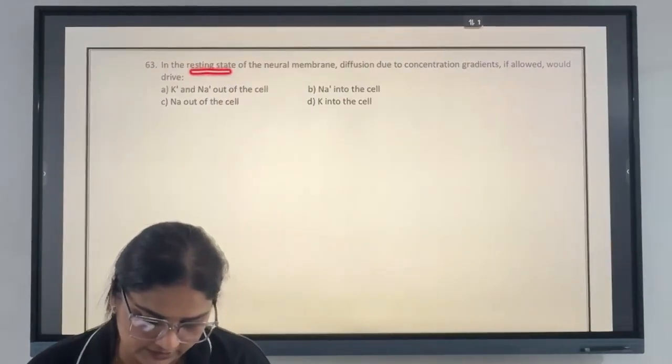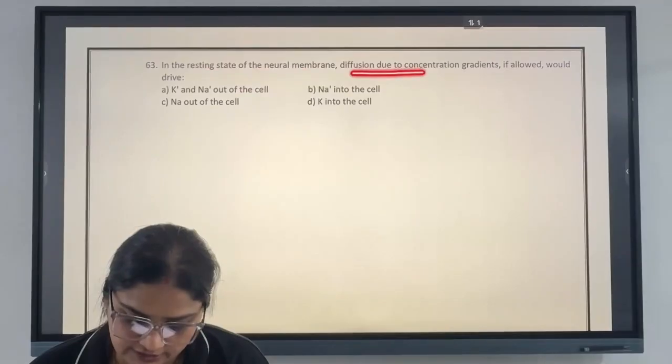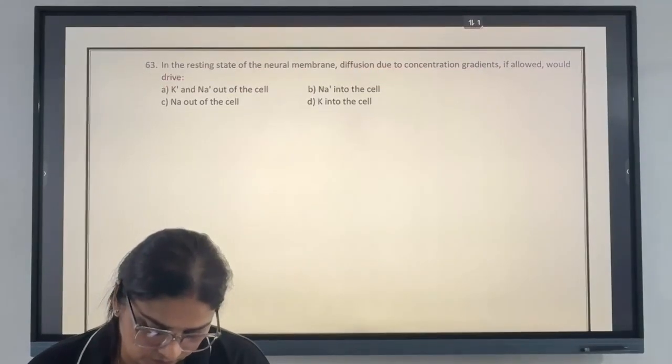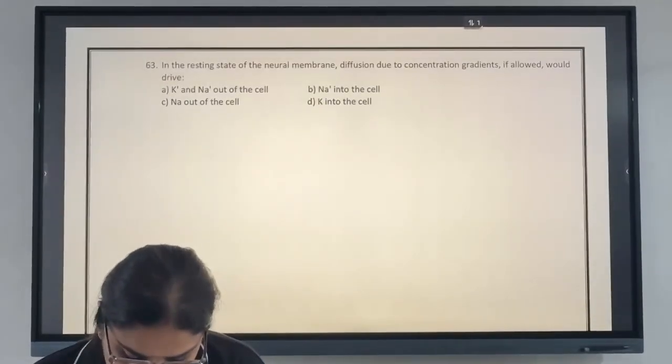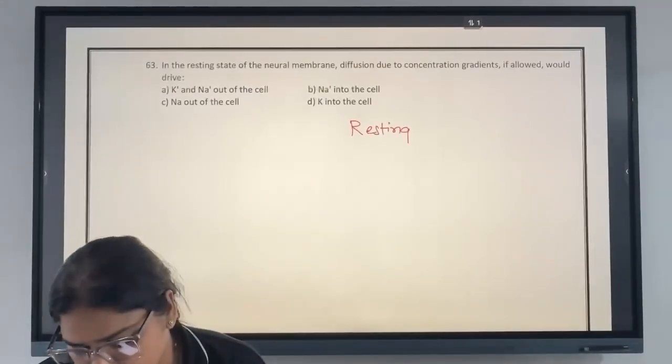Sixty-third question. The resting state of neuronal membrane, diffusion due to concentration gradients, if allowed, would drive. Okay. Let's see. Firstly, here they are talking about the resting state. You know what happens in the resting state?